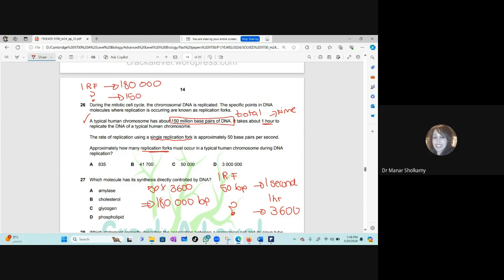That's 150 million, six zeros. How many replication forks are needed to replicate 150 million base pairs of DNA? What do we do? 150 million divided by 180,000. My answer is 833.3. So approximately how many replication forks?